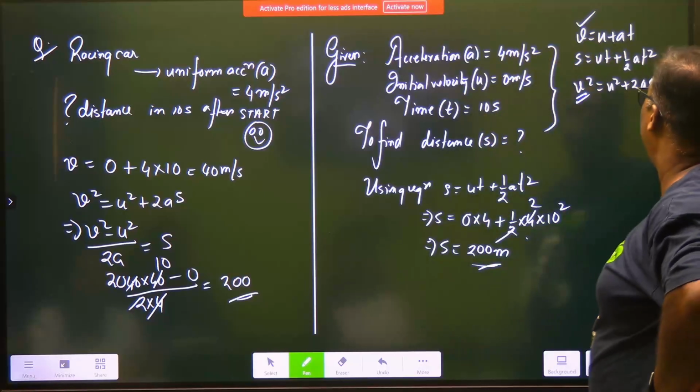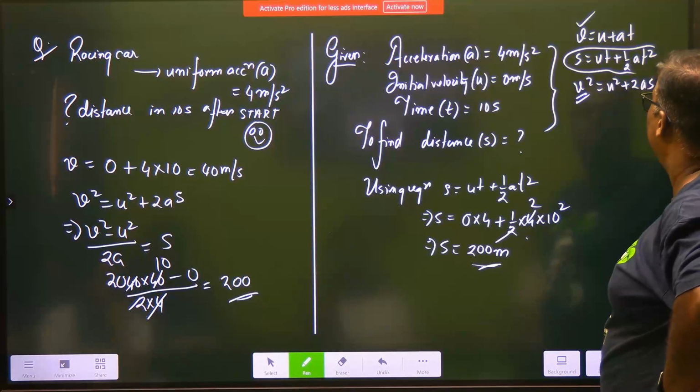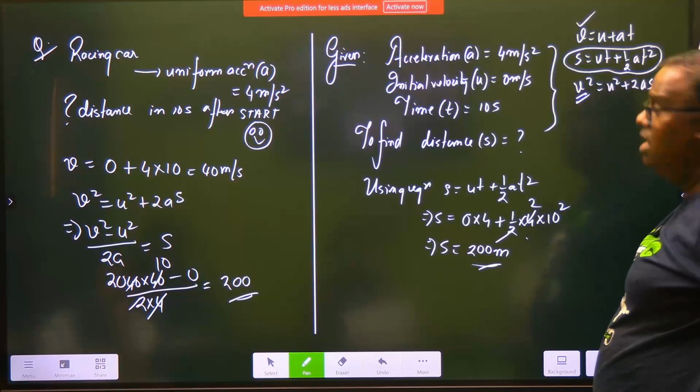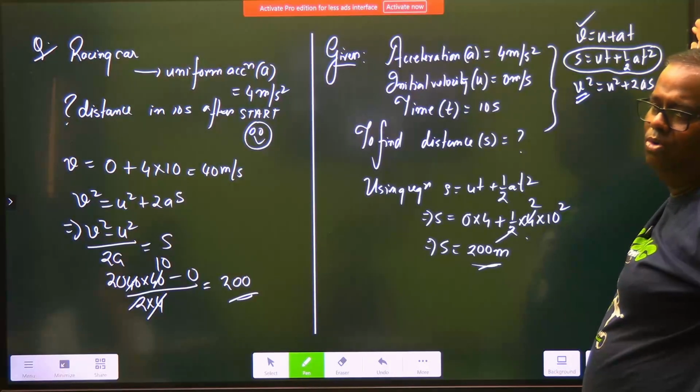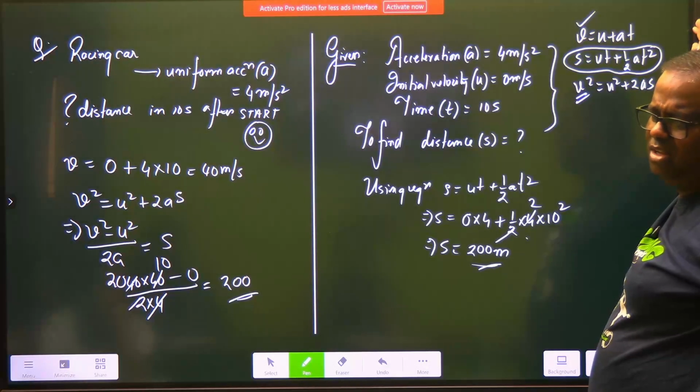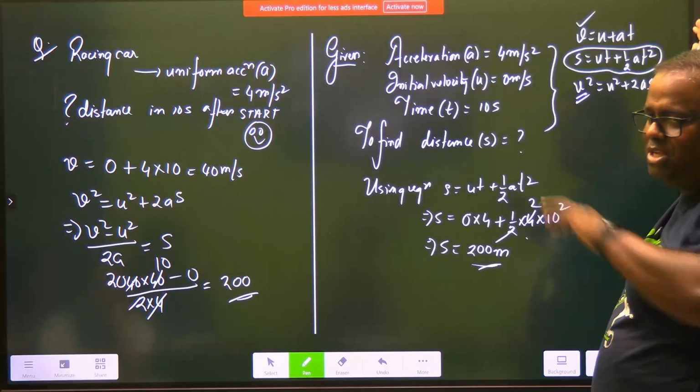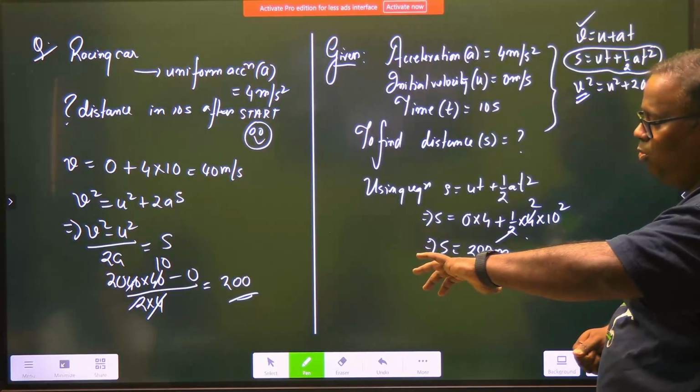But with this formula, you want S. Do you know U? Yes. Do you know T? Yes. Do you know A? You know. So this is the mixer grinder. Put your condiments inside, press the hand and just turn the blender on.